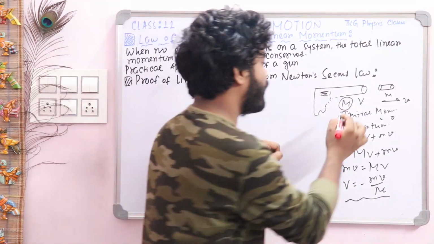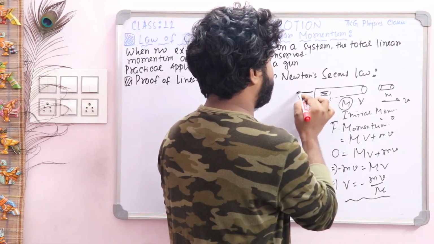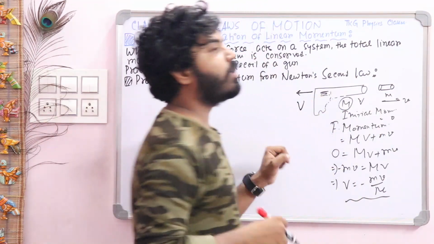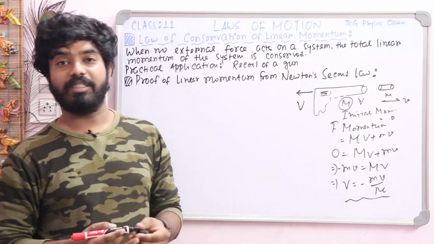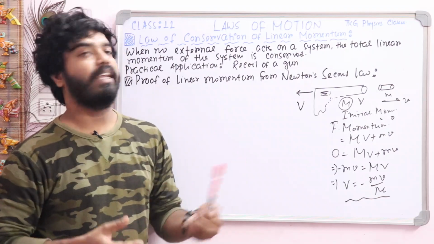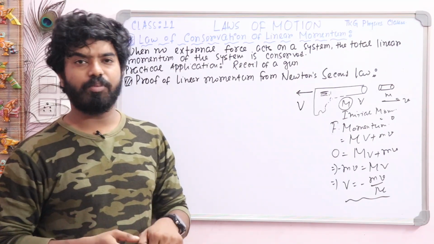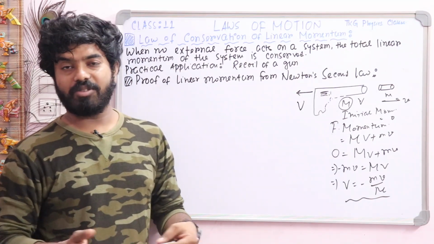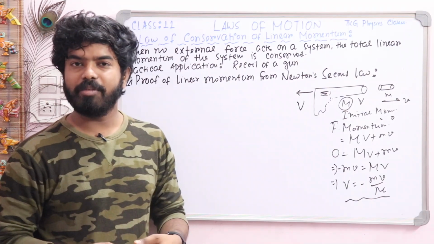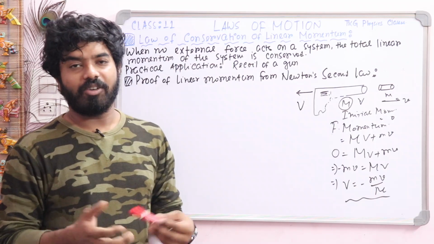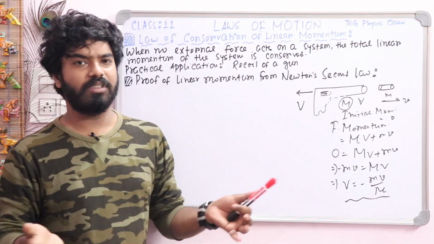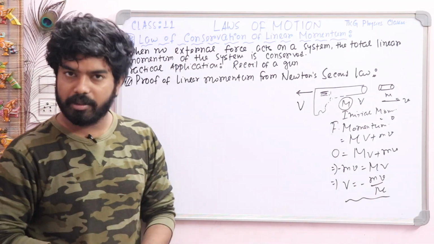This is based on the principle of conservation law of linear momentum. Rockets and aeroplanes both work on the principle of conservation of linear momentum. The explosion of a bomb is also based on it. So these are the applications of the conservation law of linear momentum.